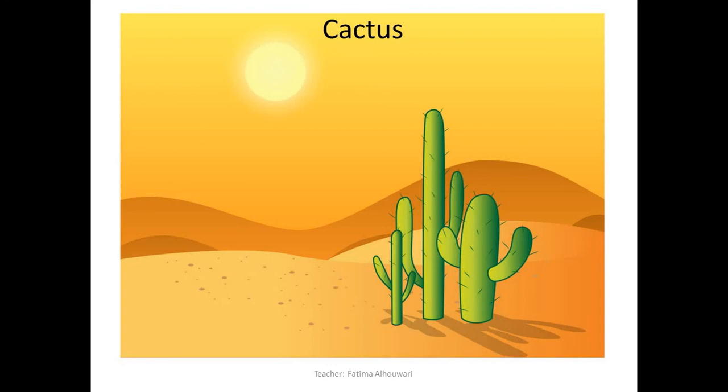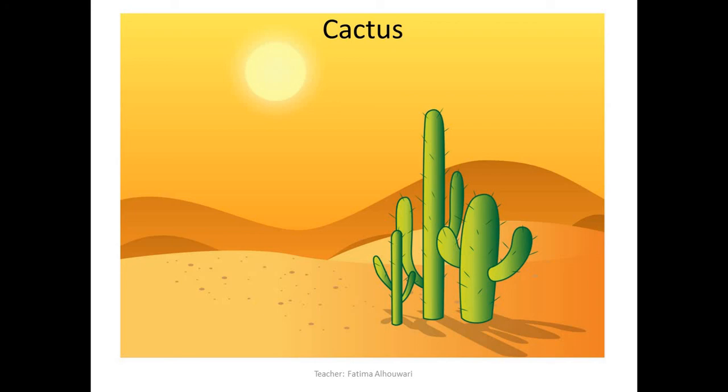In this picture, we can see a large space of desert. This place is called the desert, and we have some plants here. As you know, the desert is a very hot and dry place, and it has very little water around.